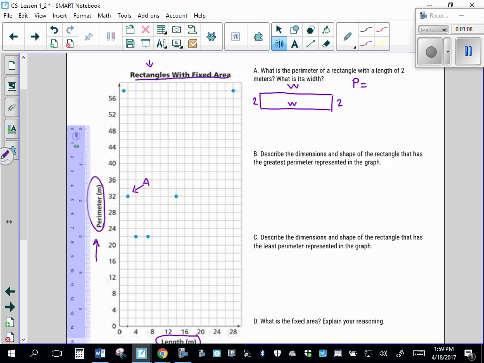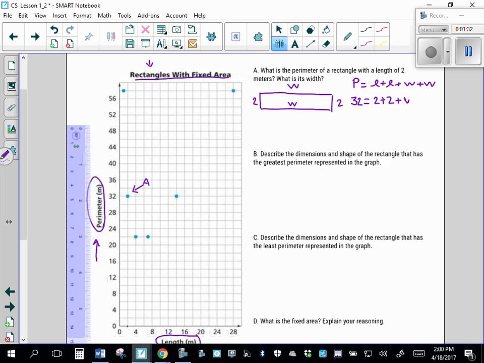And I also know that perimeter is length plus length plus width plus width. Because we did that before. And so, Miles, what was the perimeter? Yeah, but in this picture, 32. And then, Jeb, what's the length in this picture? 2.